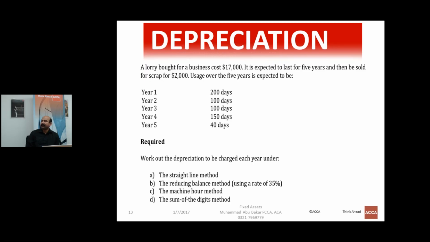Please tell me the depreciation just for the first year, under the reducing balance method. Any answer for the first year? 5,250. 5,950.